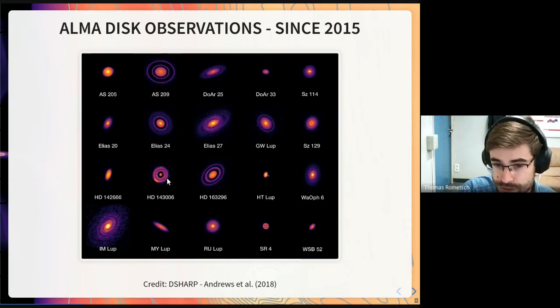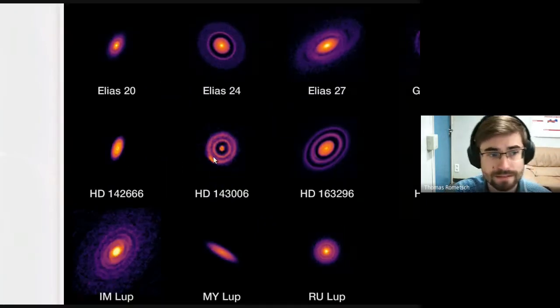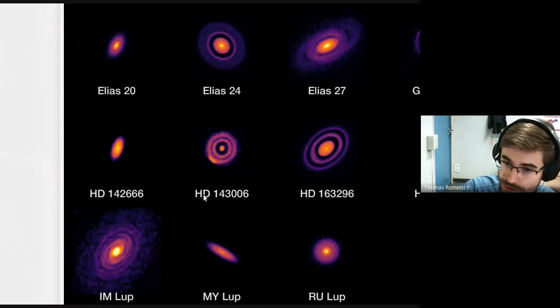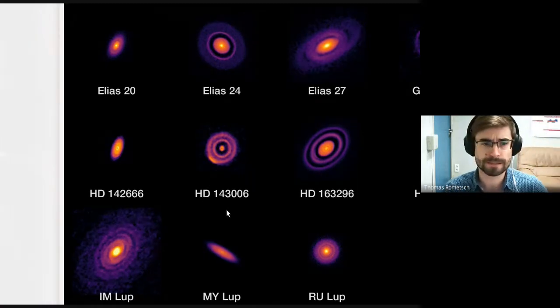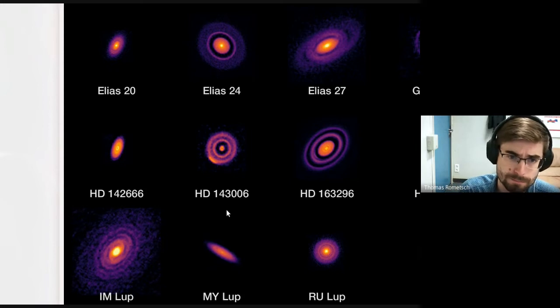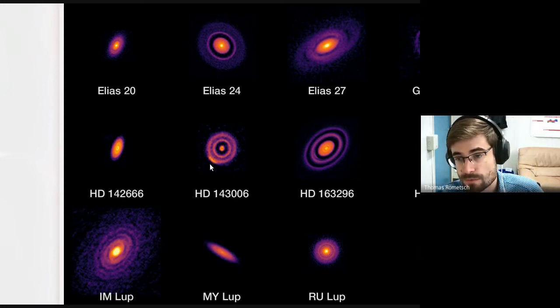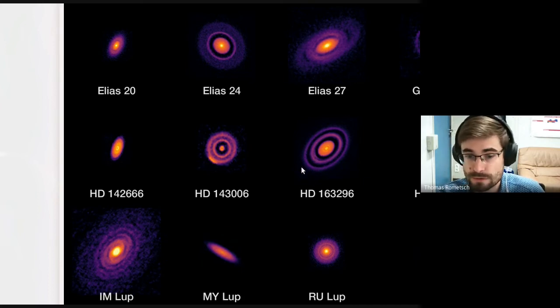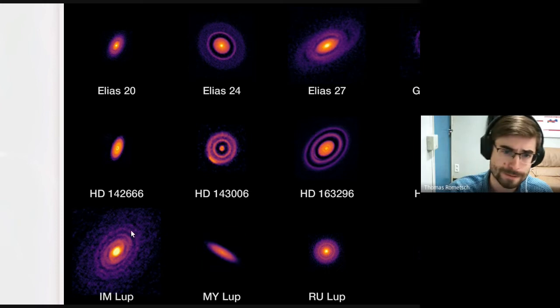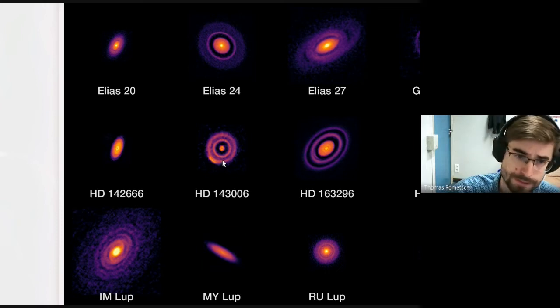But now for this talk, we'll zoom in a little on HD 143006. All these disks have nice telephone book names. Here you see this azimuthal asymmetry. Also in this disk there's some azimuthal asymmetry. Some disks have spirals, but we're interested in these blobs now.